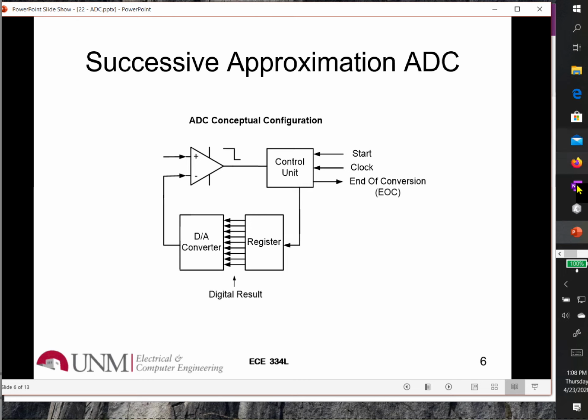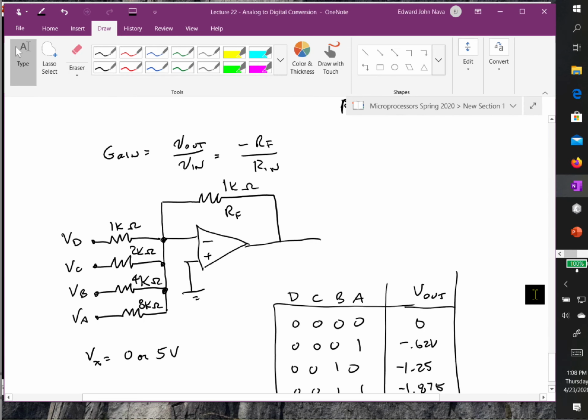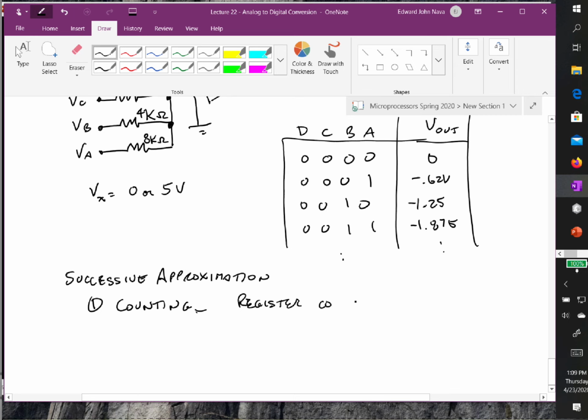So I'm going to make a note over here so that you will see this. So successive approximation: one is counting. So basically, the register counts from 0.